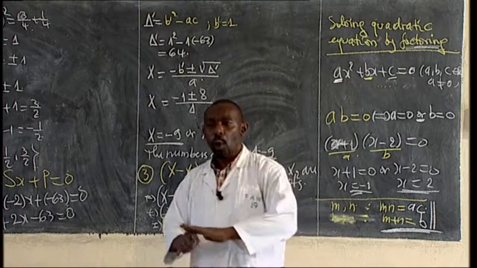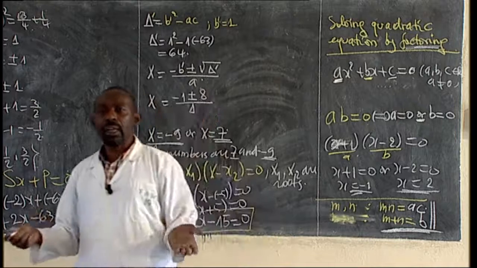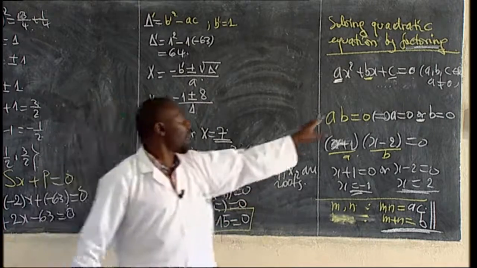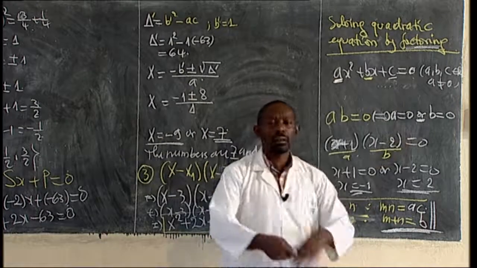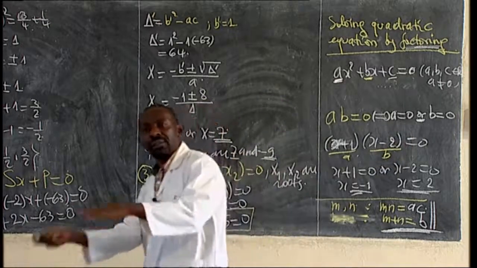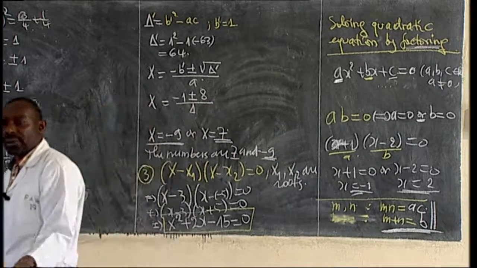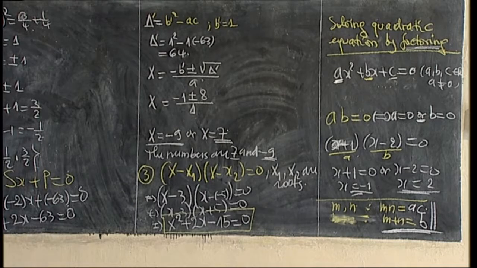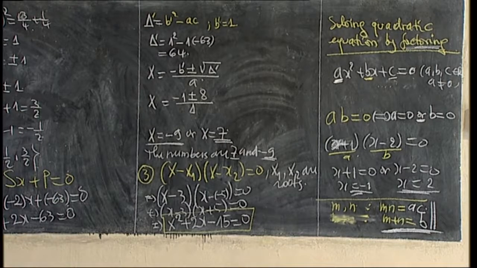Then after, we split the middle term, meaning the term in x, and we group in pairs. Then after, we find the common factor, and we solve using the zero product property, and we get the value of x.